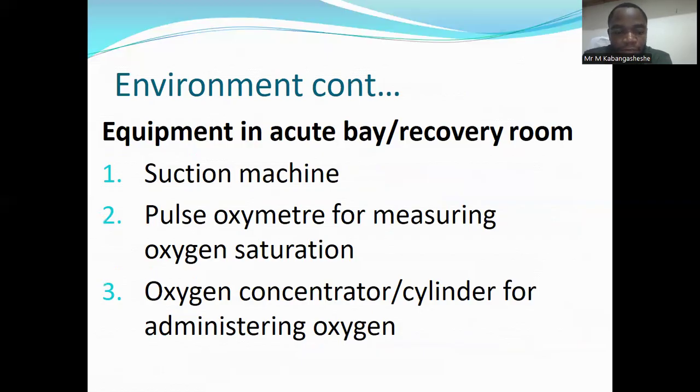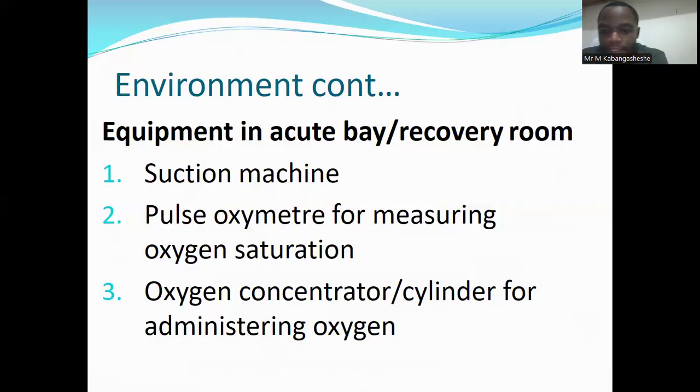So such equipment like our suction machines, in case the patient has a heart attack, or a patient may aspirate gastric contents and so on. We need to be able to clear the airway. We want to monitor oxygen saturation, at least at levels of 90% saturation and above, much better for tissues to survive.